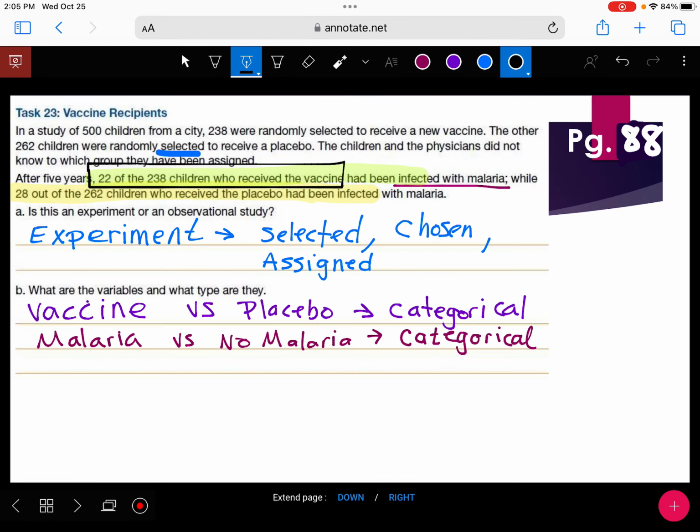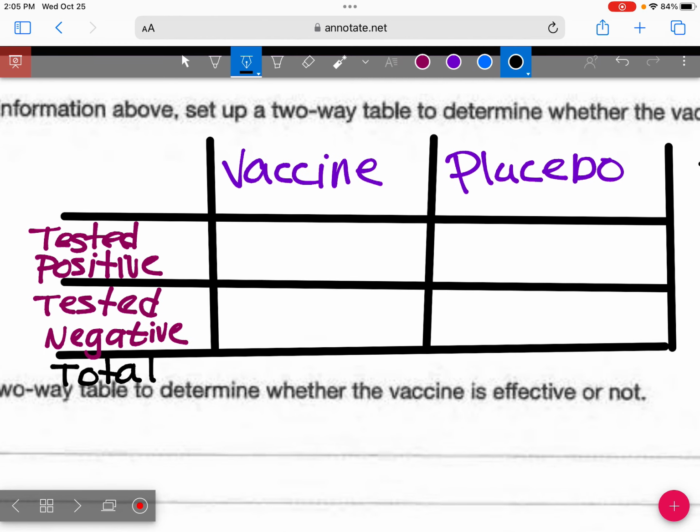Oop, wrong page. So 22 people tested positive of the 238 who got the vaccine. So how many people tested negative for malaria? How many people did not get malaria who did get the vaccine? 216. Yep.